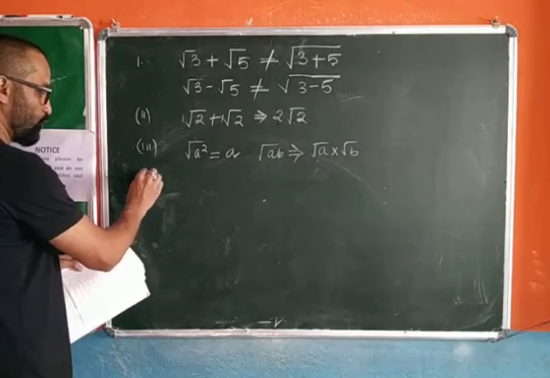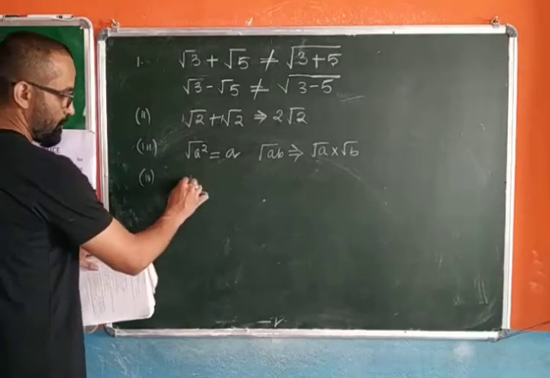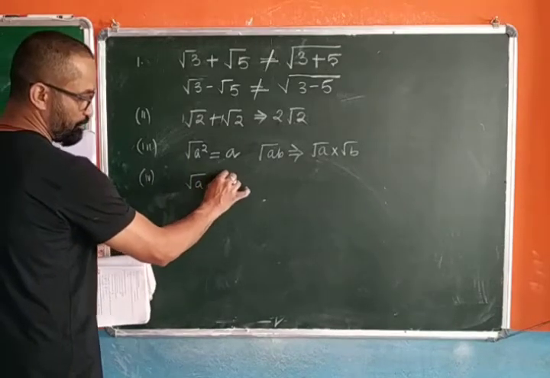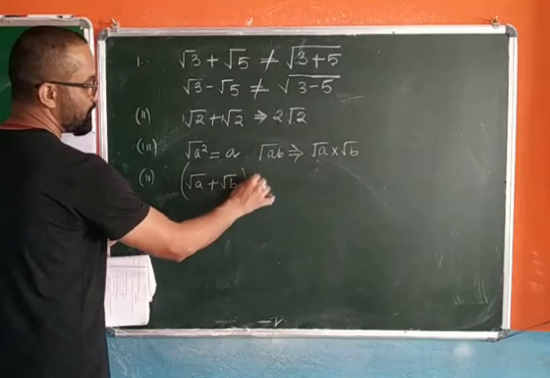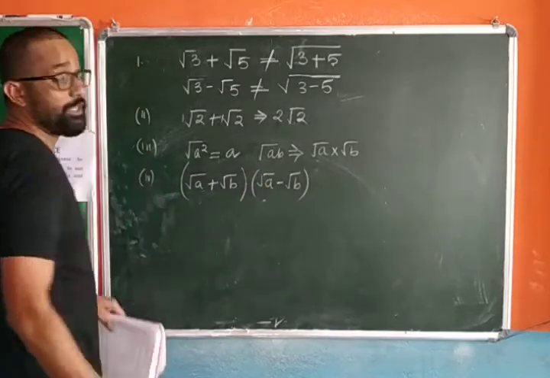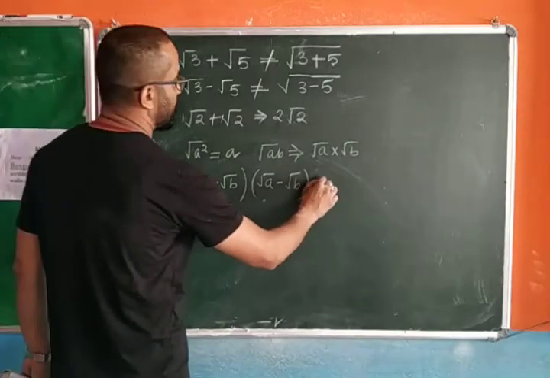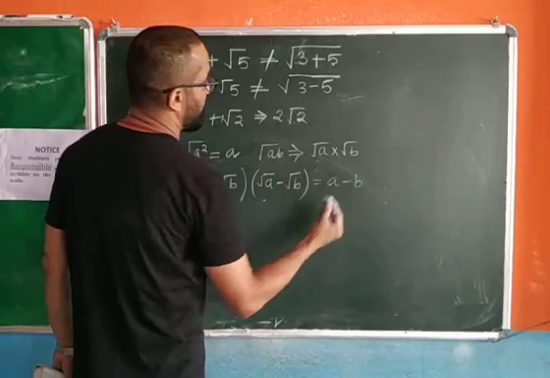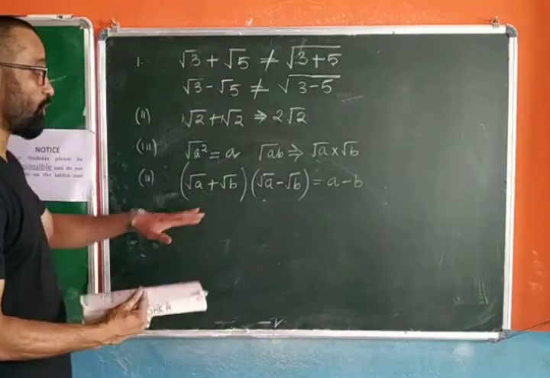Look at number 4. Root a plus root b multiplied by root a minus root b. We use the algebraic formula here and directly write it as a minus b. Important relation.